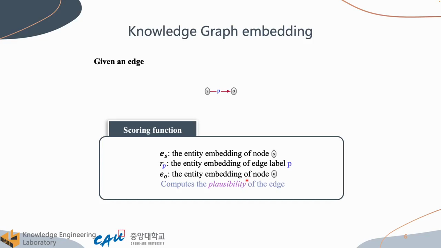According to the given scoring function, the resulting embeddings can then be seen as models learned through self-supervision that encode features of the graph, mapping input edges to output plausibility scores.